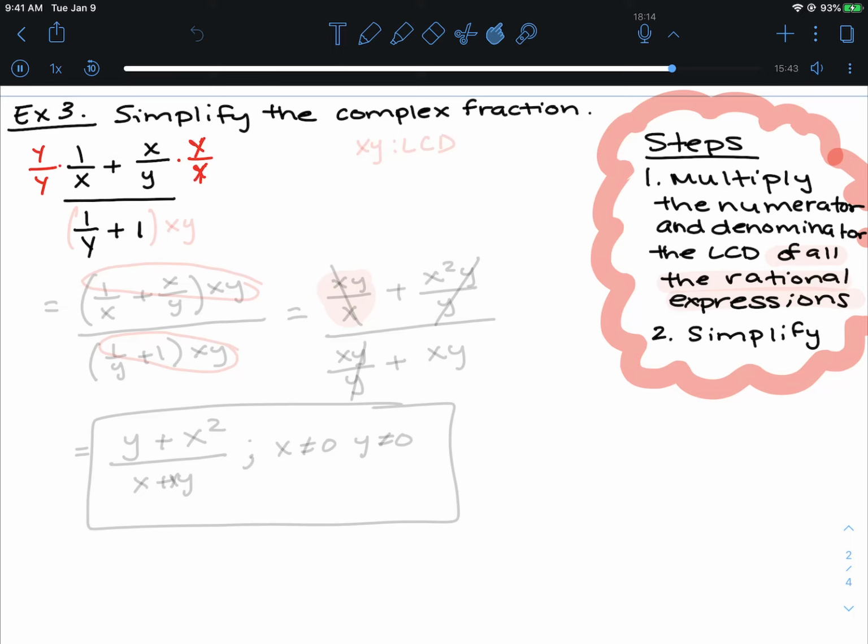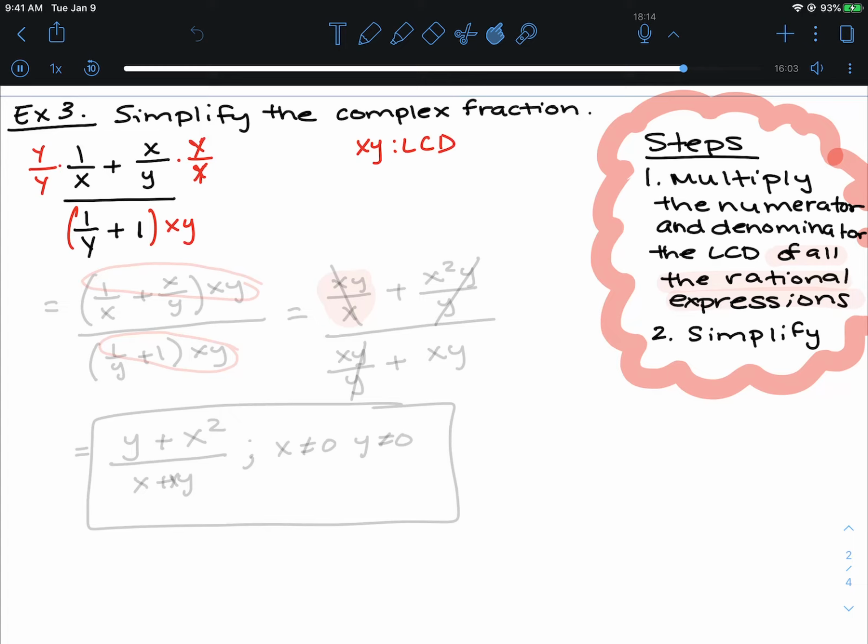And so if you notice here, the least common denominator is going to be x and y. So that means that for the numerator, I multiply it times x and y. And for the denominator, I'm also going to multiply it times x times y.